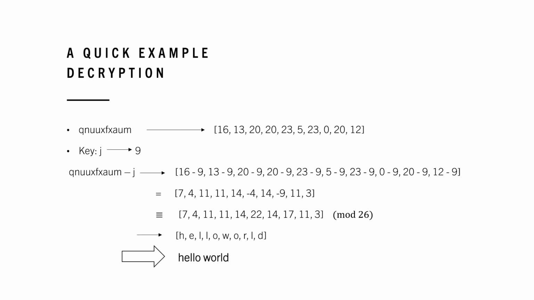We have decrypted the word hello world. This was what we started with. We encrypted it. We got the string QNUUXFXAUM using the key J. We use the same key to decrypt the message, and we got the word hello world back once again.